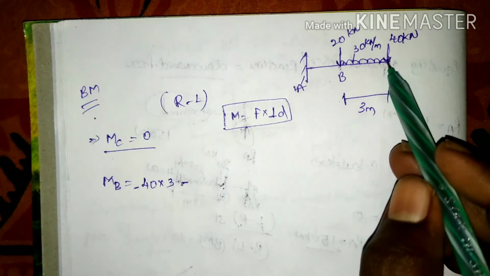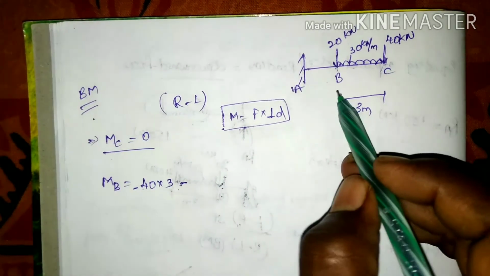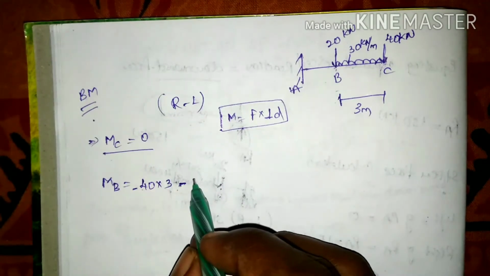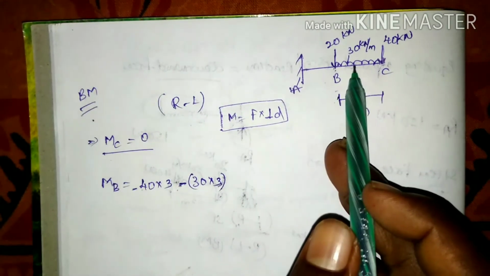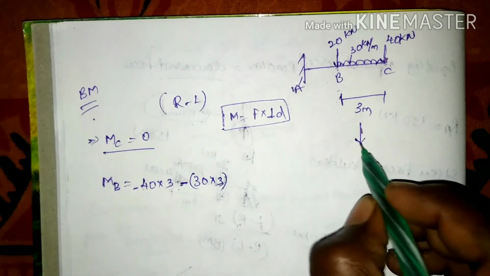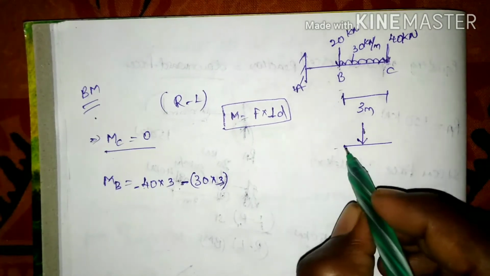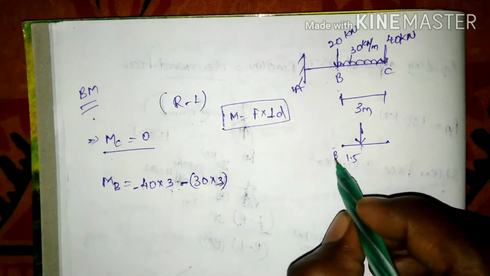This is minus 40 into 3 minus 30 into 3, which is going to convert the UDL to the point load. When it is converted to the point load, it is going to act at the midspan of the 3 meters, that is 1.5 from B to C.